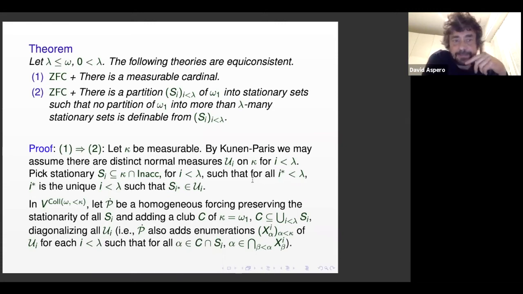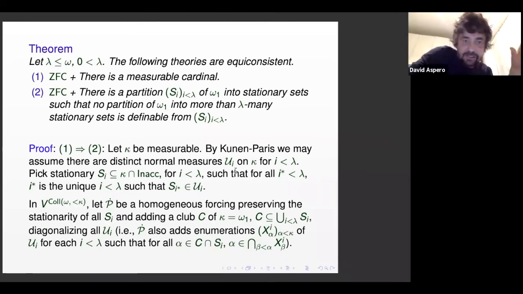All right, so let me go through this. Let me prove that 1 implies 2. For this, let kappa be measurable. Then by a classical result of Kunen and Paris, we may assume that there are lambda many distinct normal measures on kappa.